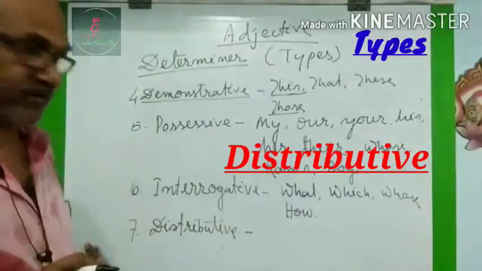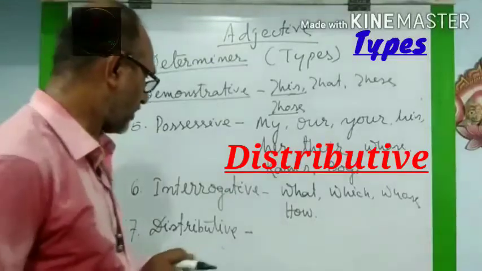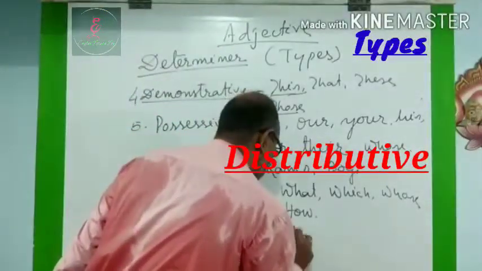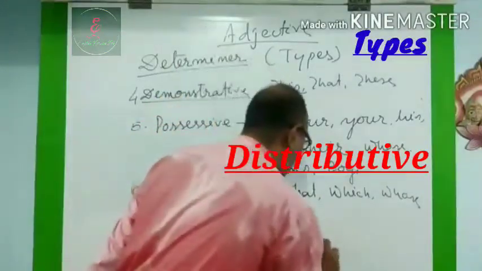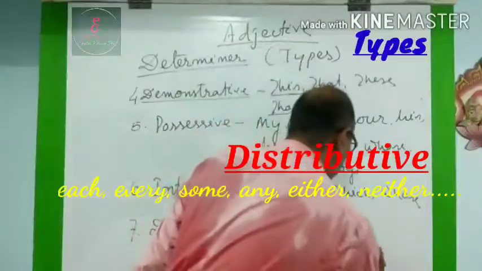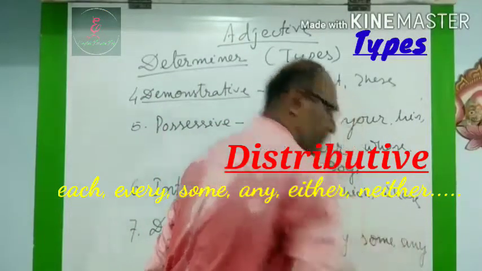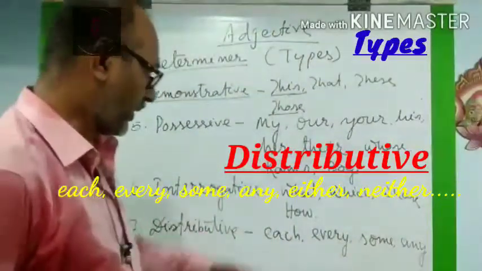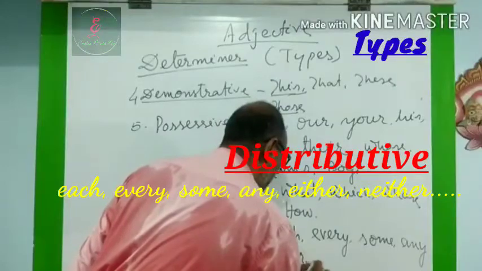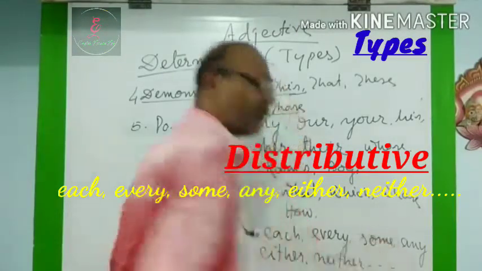Under distributive determiner, here: each, every, some, any, either, neither, and so on.